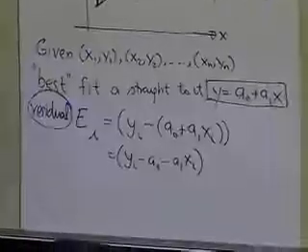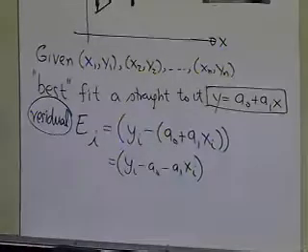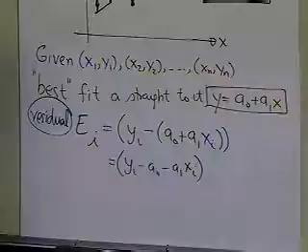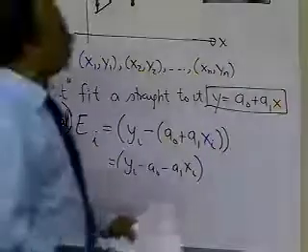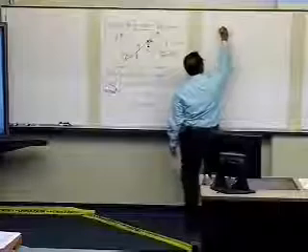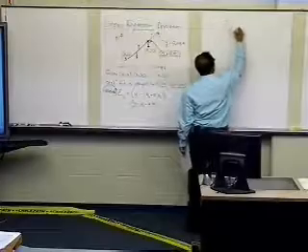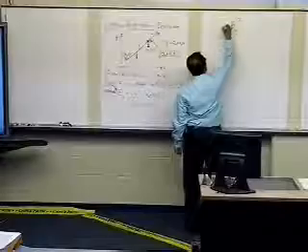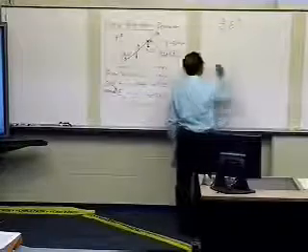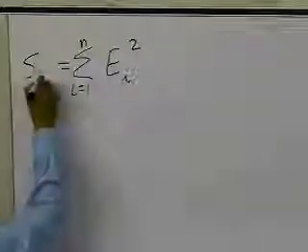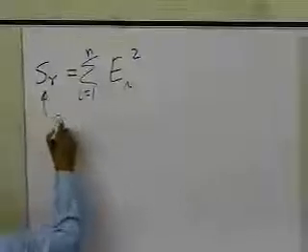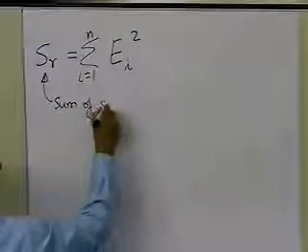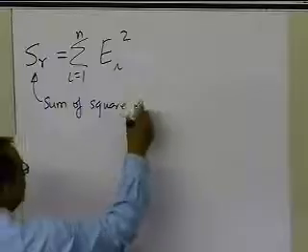Now what you want to be able to do is somehow make these residuals small everywhere. And one of the criteria used is to simply take all the errors, square them, and then add all those squared errors, which is sometimes called SR, and SR stands for sum of the square of residuals.